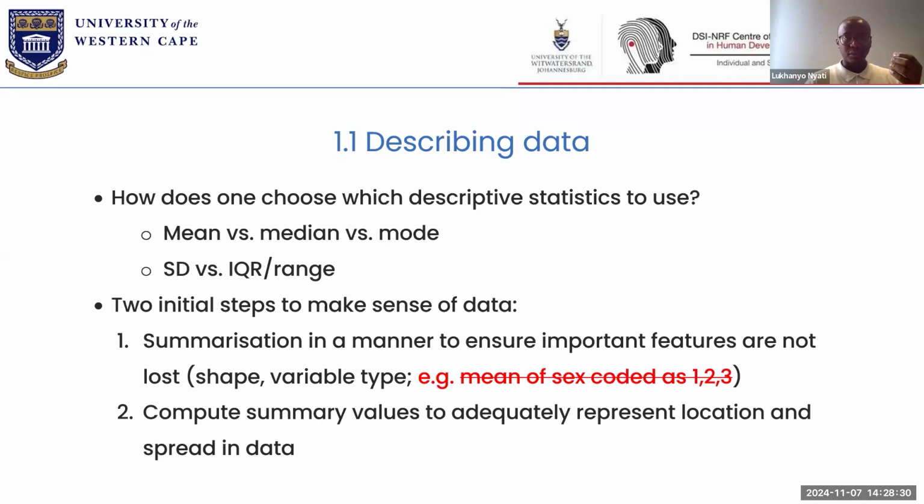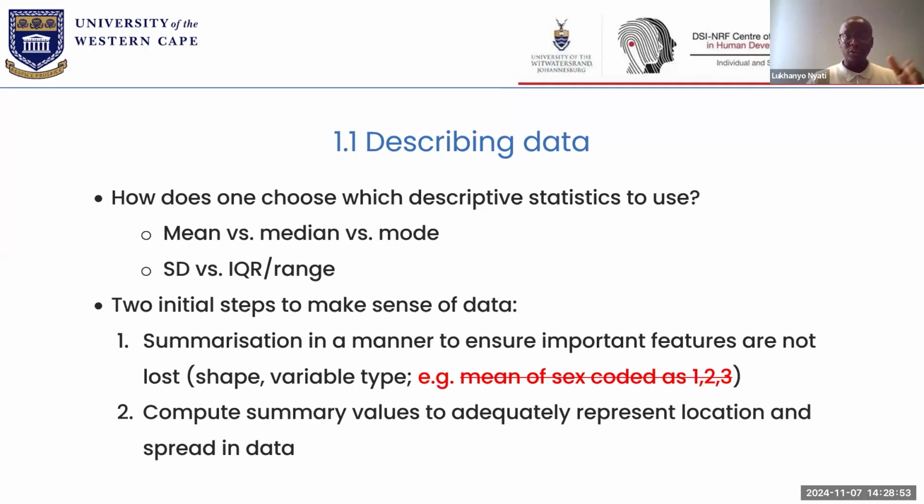It is not meaningful, and it takes away the important features of the data. And you need to summarize the data to adequately represent location and the spread in data.